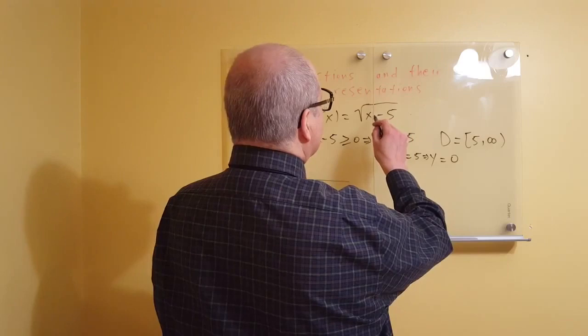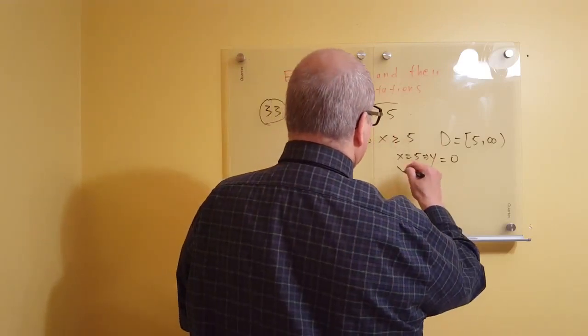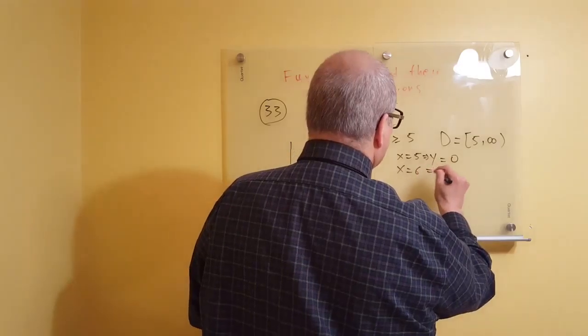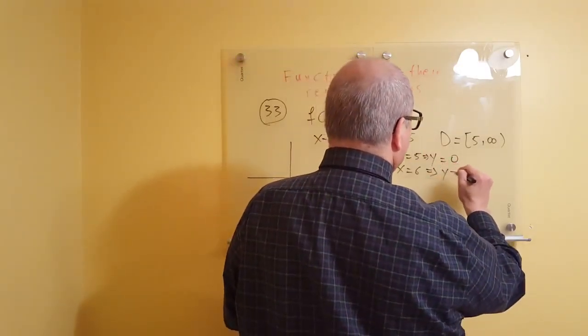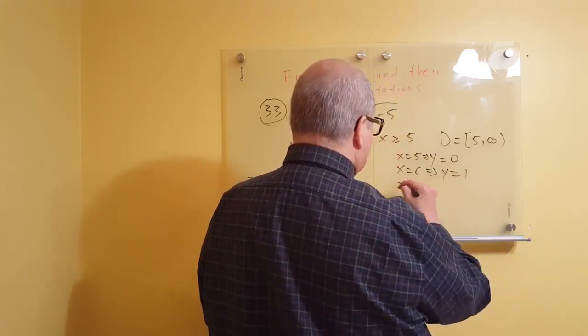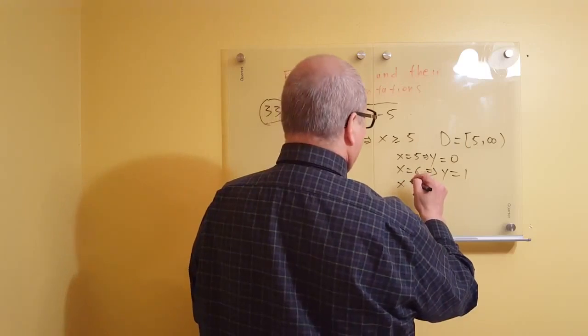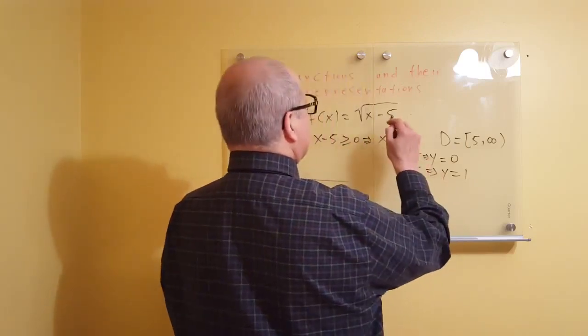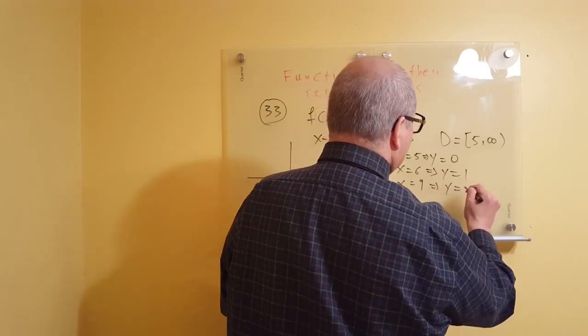Say x is equal to 6, 6 minus 5 is 1, the square root of 1 is 1. Then you take x equal to 9. So 9 minus 5 is 4, the square root of 4 is 2.